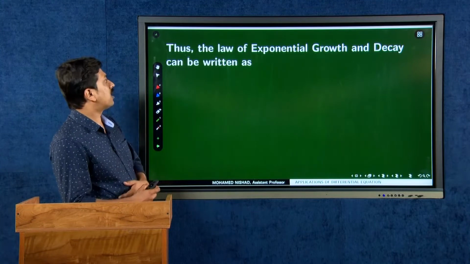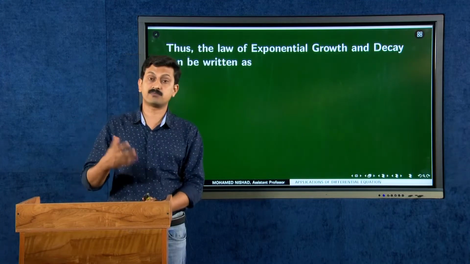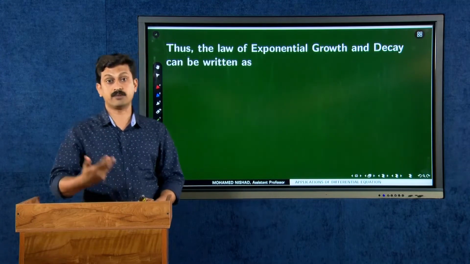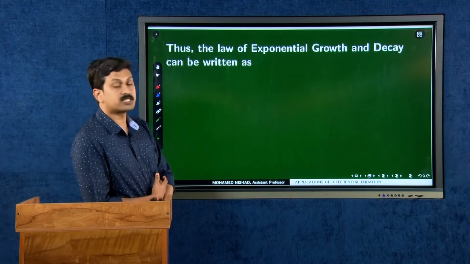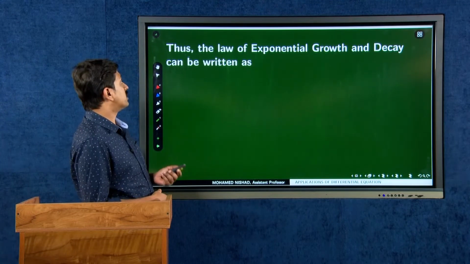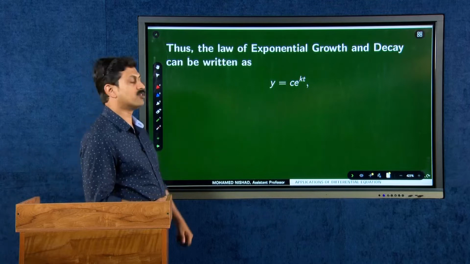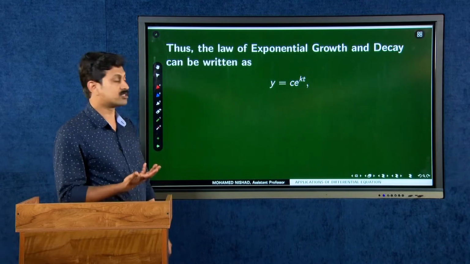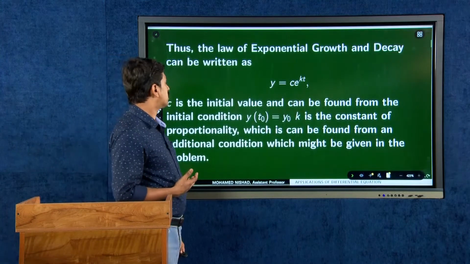Sometimes the growth is not linear but exponential, and in that case the exponential growth and decay can be written as y is equal to c e raised to k t. Here c and k are arbitrary constants.